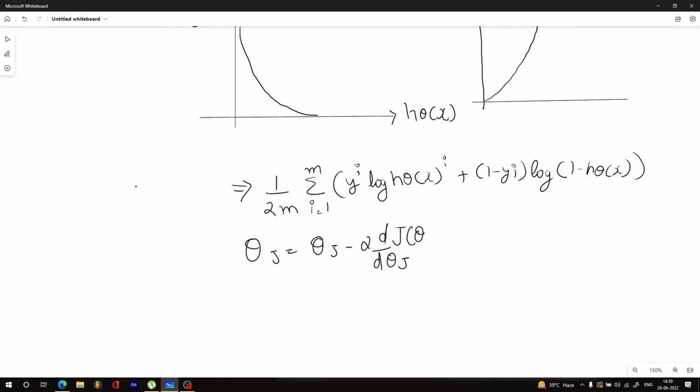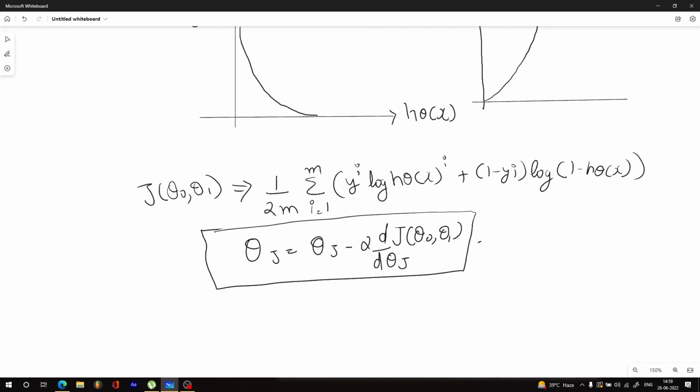J is nothing but the cost function, J of theta 0, theta 1. This is our convergence theorem.